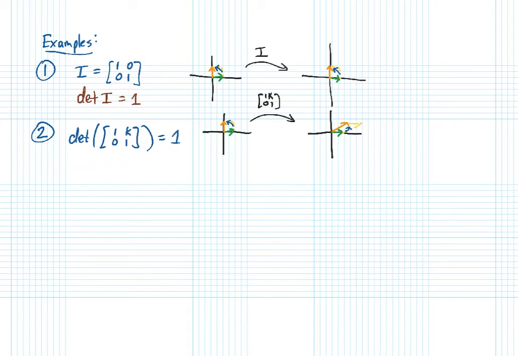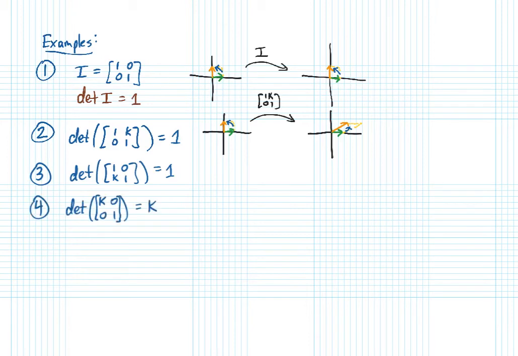But you'll notice that no matter what k is, the parallelogram that you get in the image has base 1 and height 1, and so its area is 1. And it has the correct counterclockwise relationship to have a positive determinant. And so it makes sense that the determinant is 1. A similar thing happens with [1 0; k 1], and I'll let you draw the picture for that.